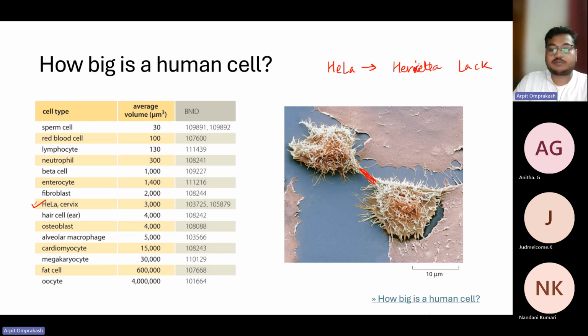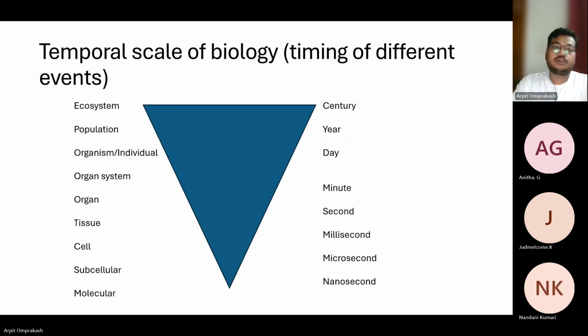All this is taken from a website called How Big Is a Human Cell, which is part of the BioNumbers website. I urge you to go check it out and read even more interesting facts about cells and how different kinds of numbers are present in different areas of biology.